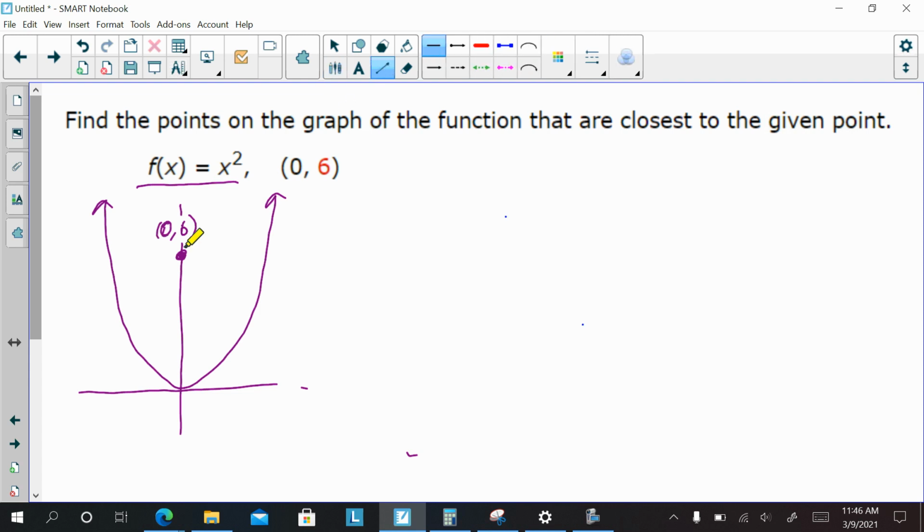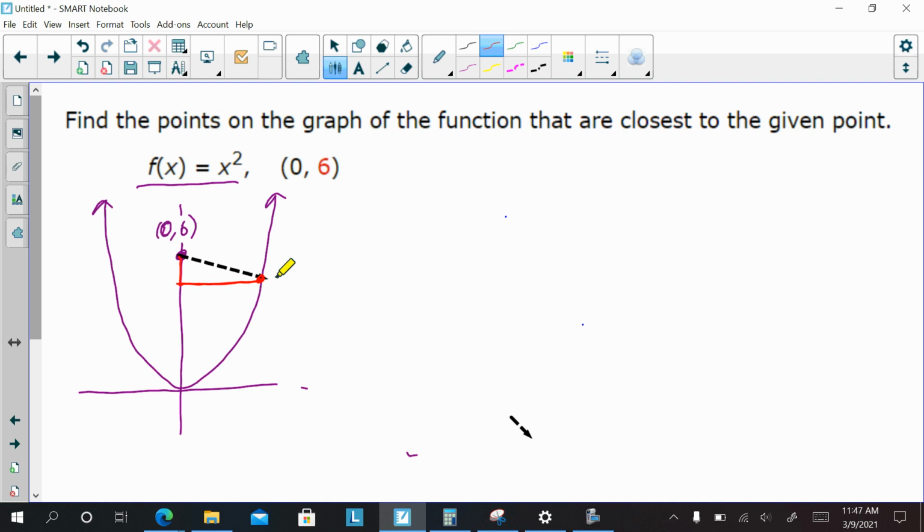So what is it saying? If we compare the distance from here to here, here to each point on that parabola, which point on that parabola is going to be closest to that point 0, 6? So let's say our point is here. And let's sketch a little triangle here.